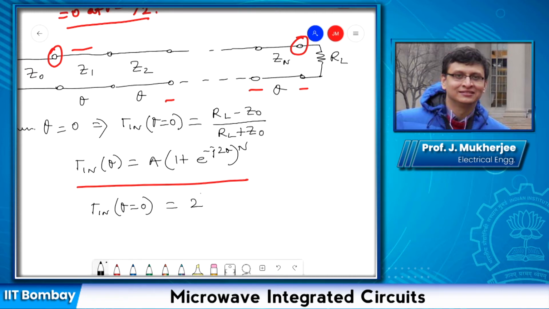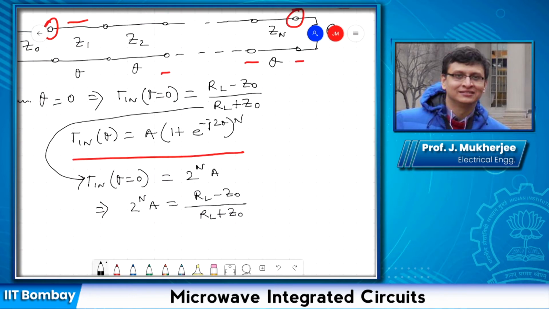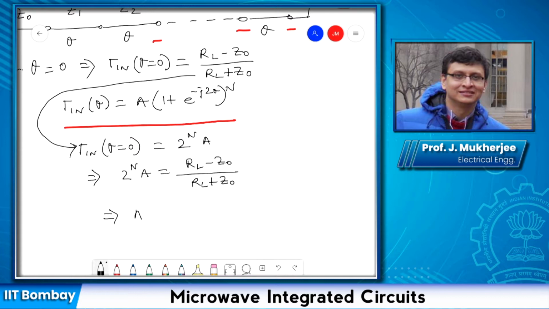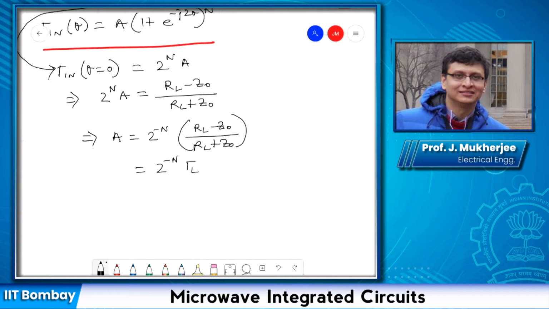That is simply equal to 2 raised to n times A. And now substituting this value here, it implies 2 raised to n A is equal to RL minus Z0 upon RL plus Z0, which in turn implies that my A is nothing but this value. Fine? Or I can also write this as this.